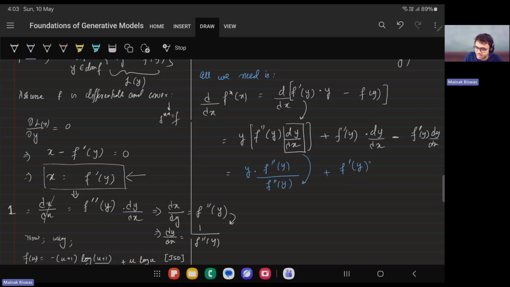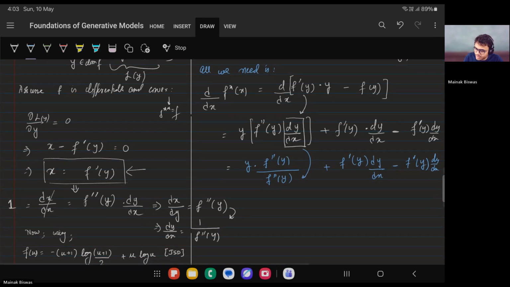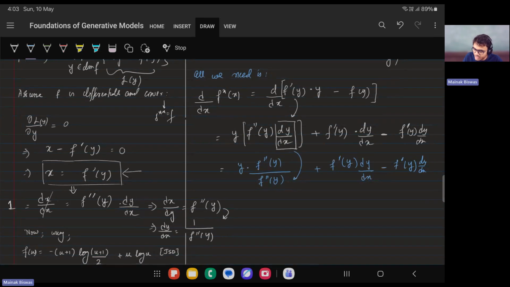So I can write this as, let's keep this dy/dx for the time being, minus f dash y into dy/dx, right? Is this correct? Did we write this correctly?